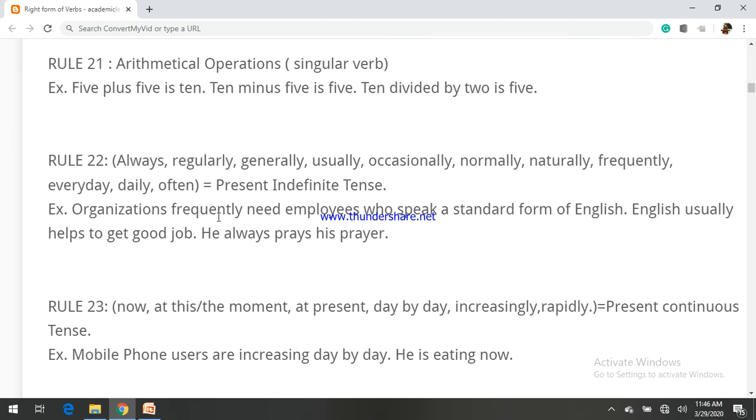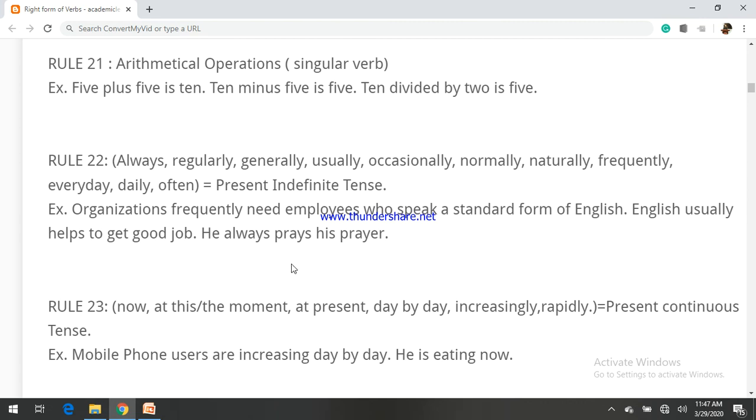Let's see: Organizations frequently need employees who speak a standard form of English. Here is "frequently". These are keywords or tense markers. According to the rules of English grammar, these words are called tense markers or keywords for identifying present indefinite tense.